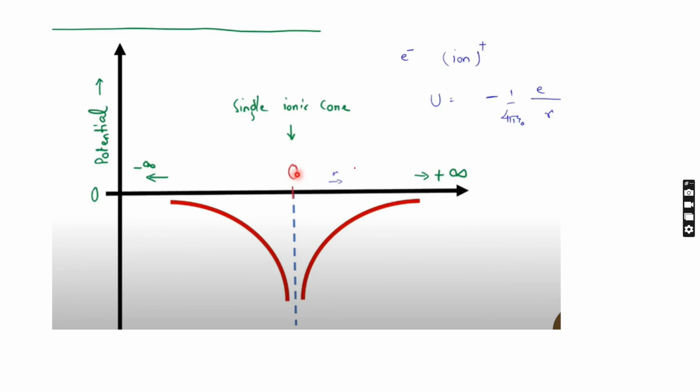Here this center we can consider as the ionic core. If the electron is very far away, from minus infinity to plus infinity, and this axis will be potential.